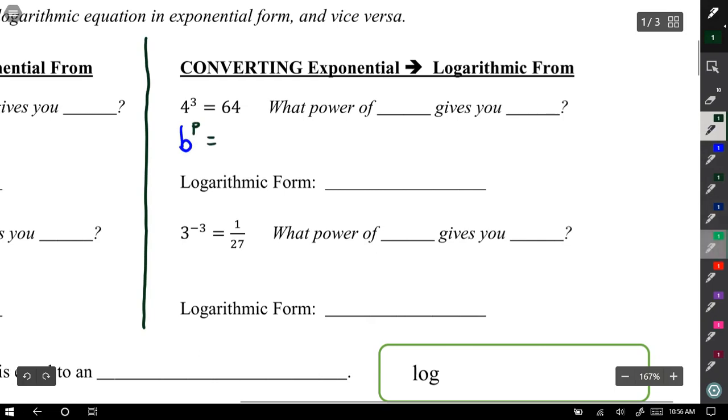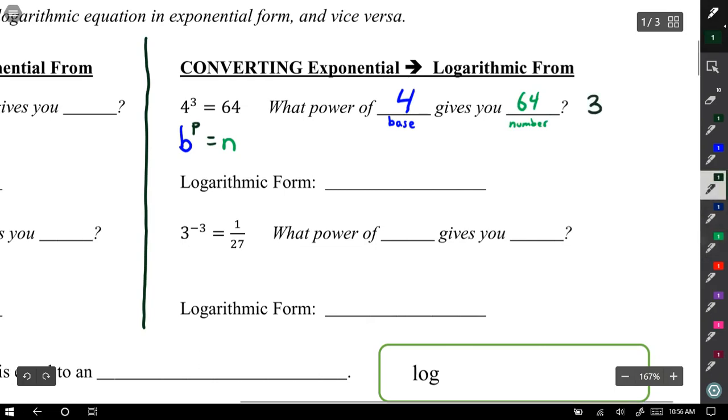And 64 is my n. So if I look at it and I read it, what power of 4, because that's my base, gives me 64, because that's my number. And what does it say the power is? Well, it says the power is 3.